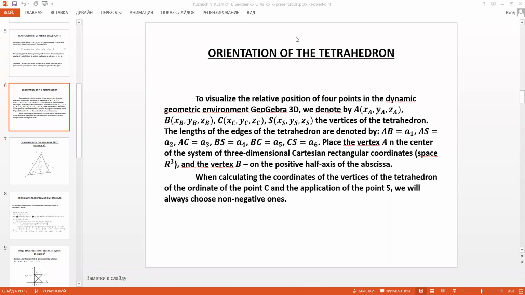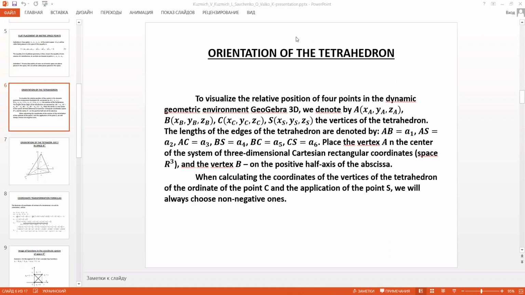Visualize the mutual location of the 4 points A, B, C, S of the metric space, the distances between which are known. We construct a corresponding tetrahedron ABCS in dynamic geometric environment GeoGebra 3D.